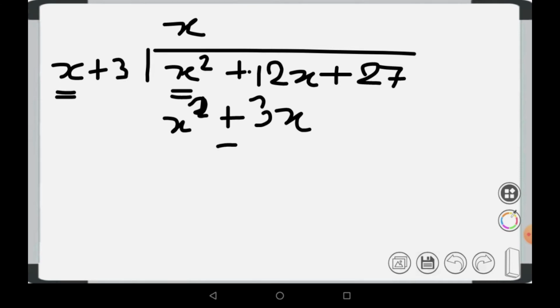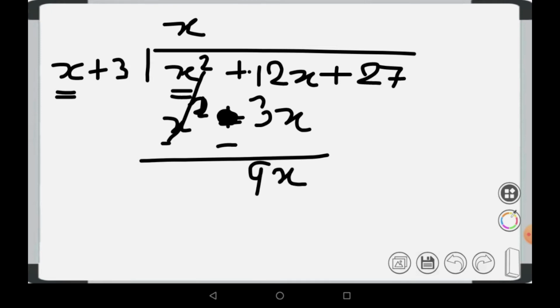Plus will become minus, again plus will become minus. From now on we have to consider the new sign only. So x square minus x square will get cancelled. 12x, forget about the previous sign, 12x minus 3x, we will have 9x. This value comes down, plus 27.